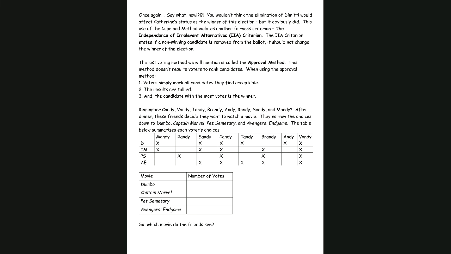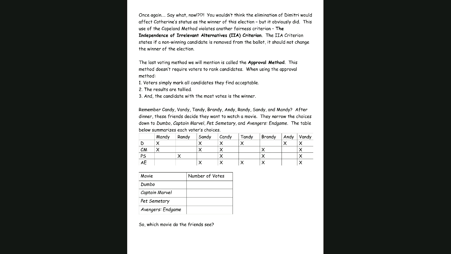So once again, say what? You wouldn't think that the elimination of Dimitri would affect Catherine's status as winner of this election, but it obviously did. So this is a violation of a fairness criterion, the independence of irrelevant alternatives criterion. And since that's a mouthful to say, we usually say the IIA criterion.